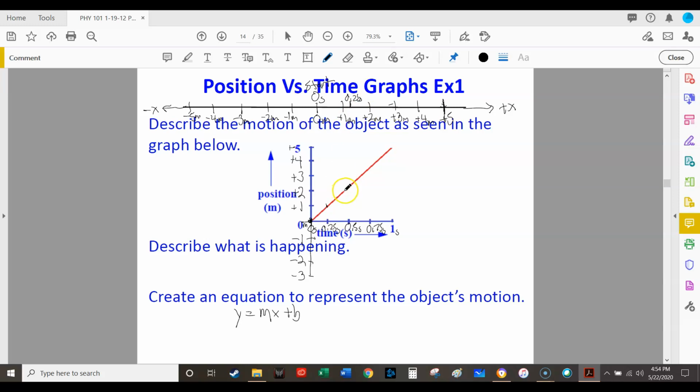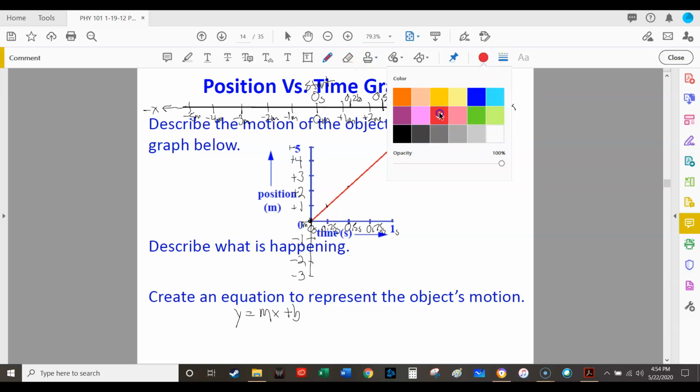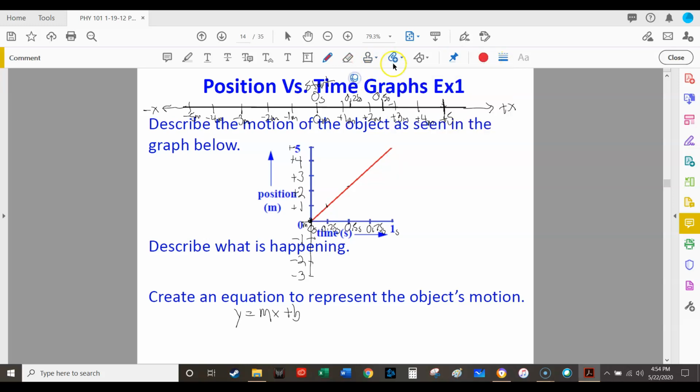At the half second mark, it looks like it's at 0.5 seconds. Maybe I should use a different color. Maybe I should be using red. I'm going to change this.